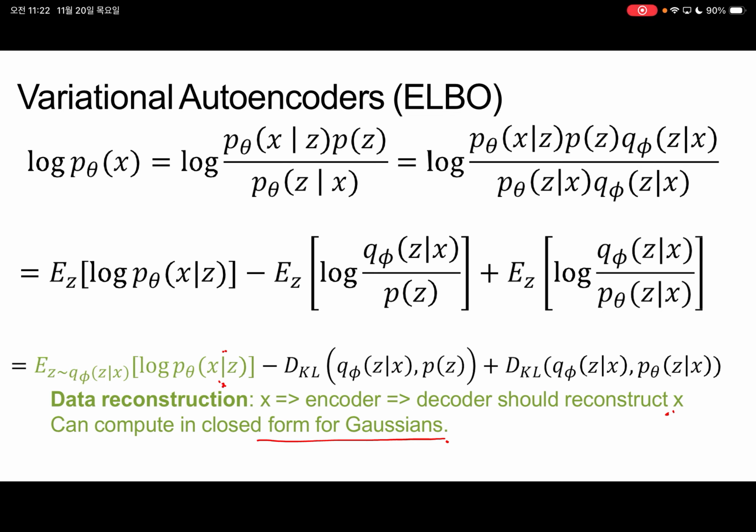Let's interpret this. Say we have latent code Z, and then we can reconstruct the data using the decoder. Given Z, we'd like to maximize likelihood at the position of X, because what we want is recovering X from latent Z. So this is maximizing likelihood, and that is the data reconstruction loss. The first one is the data reconstruction loss in VAE training.